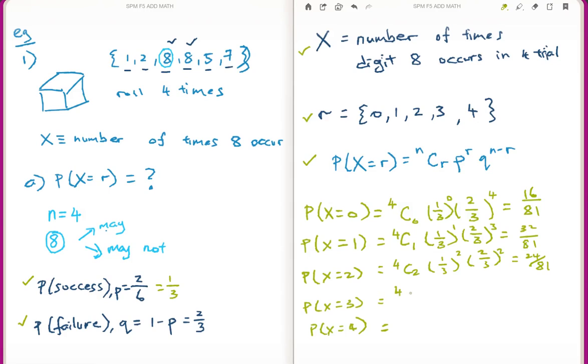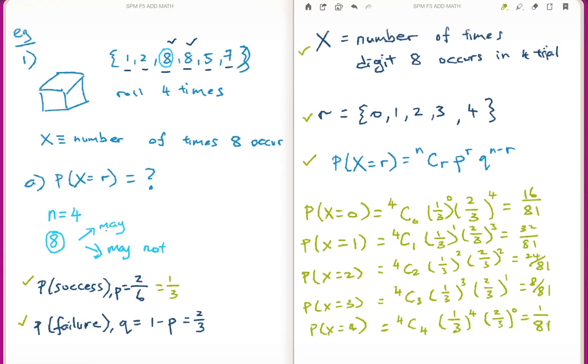Then for X is 3, this is 4 choose 3, 1 over 3 cubed, 2 over 3 to the power 1. That would be 8 over 81. For X is 4, 4 choose 4, I hope you know where to find nCr on your calculator. That would be 1 over 81.